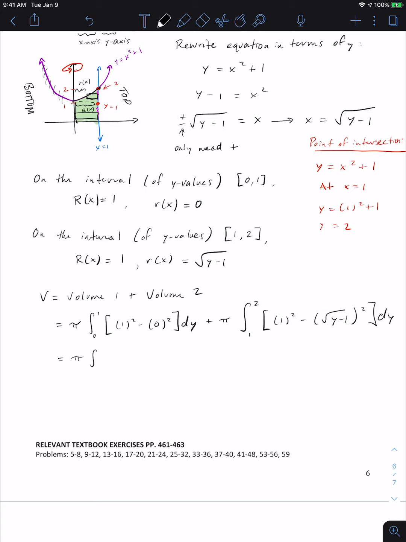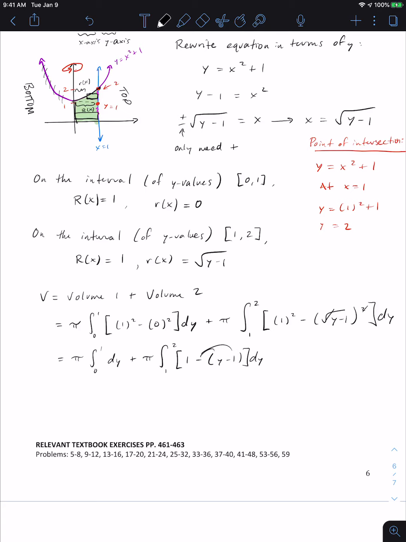So this is pi, the integral from 0 to 1. This just ends up being 1 on the inside, so dy, plus pi, the integral from 1 to 2 of 1 minus, careful here, when I square this, I still need to keep the minus parenthesis. Right, so here's what I mean. I'm going to put a bracket here. When I square the square root of y minus 1, the root and the square cancel out, but I still have the parenthesis. I still need to distribute that negative sign.